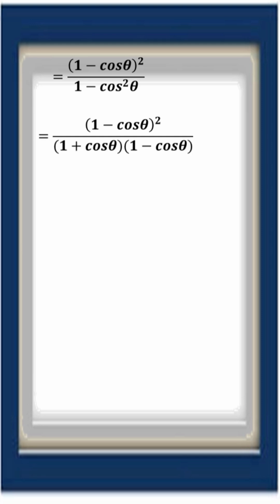Now 1 minus cos theta in the numerator and 1 minus cos theta in the denominator get cancelled. What we get? In the numerator 1 minus cos theta, in the denominator 1 plus cos theta. So now we got 1 minus cos theta over 1 plus cos theta, which is equal to RHS, hence proved.